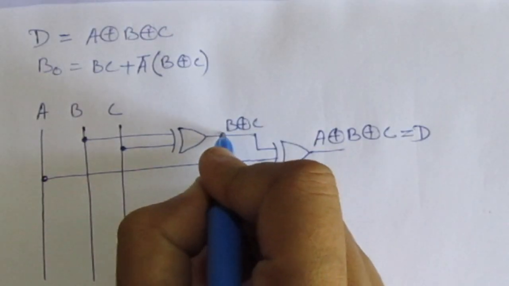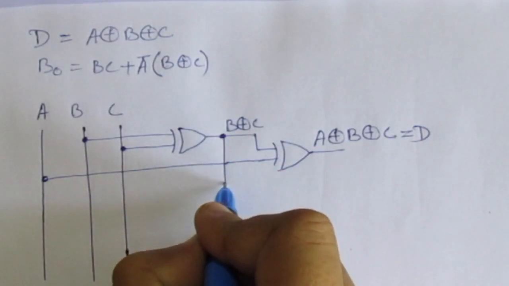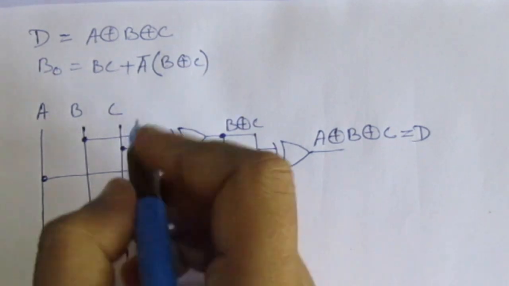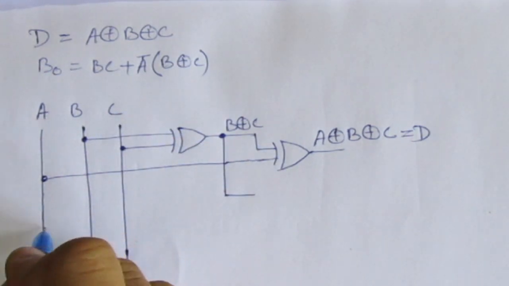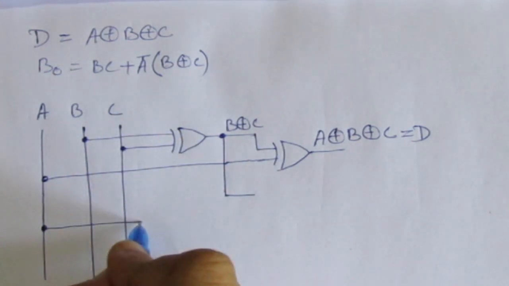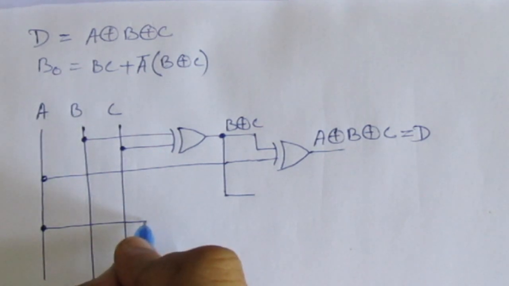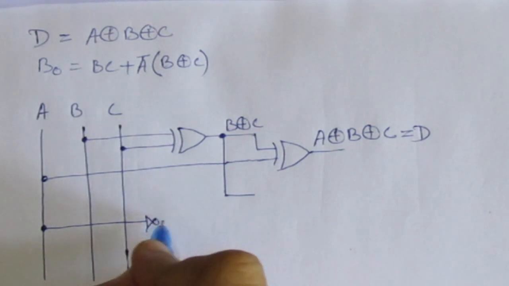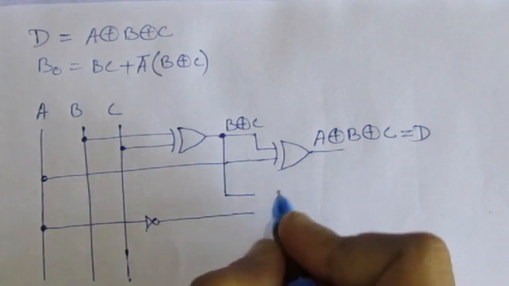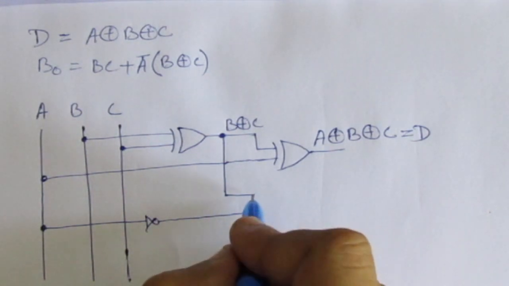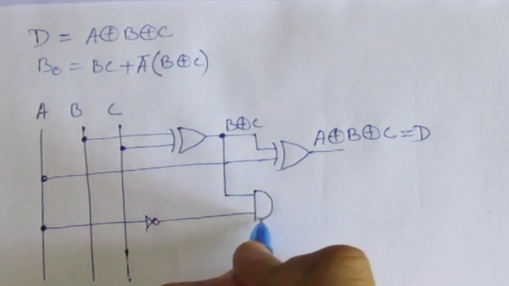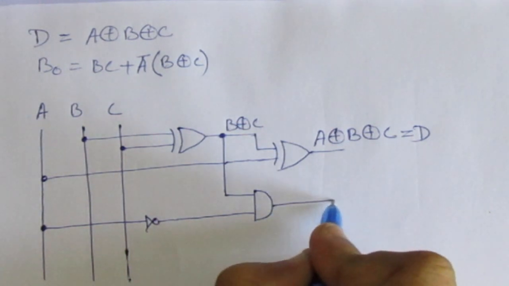B XOR C we take from here, and there is one A bar. We take A from here and take its complement, that is, a NOT gate, and multiply using an AND gate.